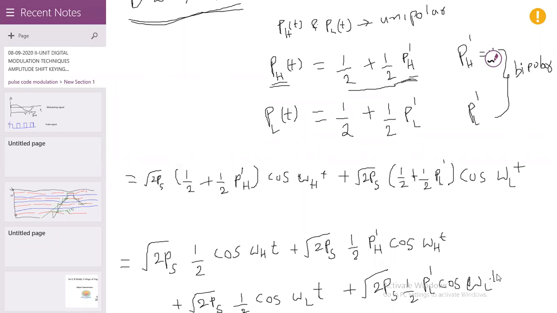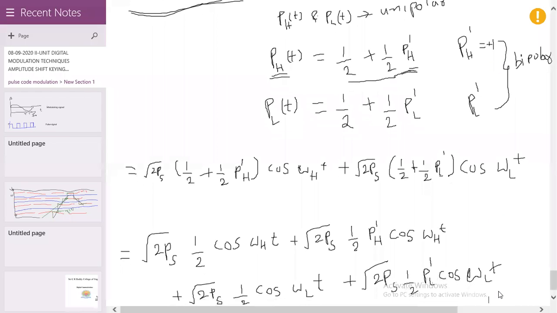So this is the equation after expanding the above.